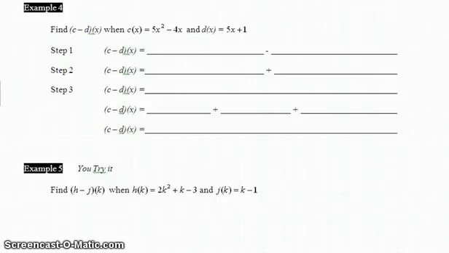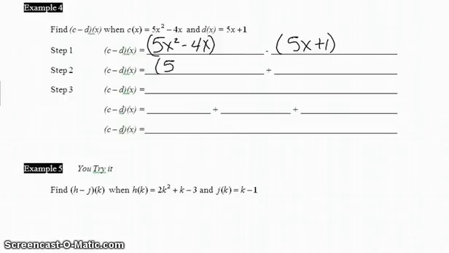Okay, let's do one more example together, and then I'll give you a chance to try it. So I've got c minus d of x, where c of x is 5x squared minus 4x, and d of x is 5x plus 1.